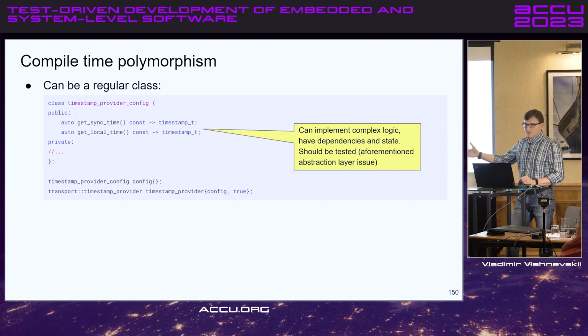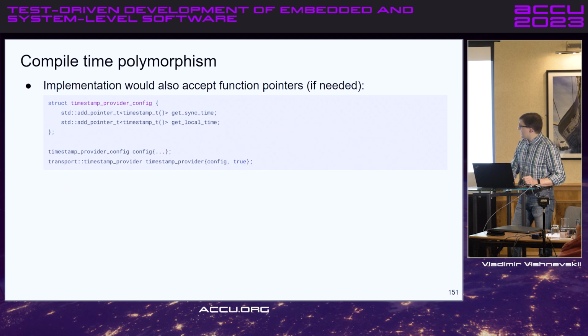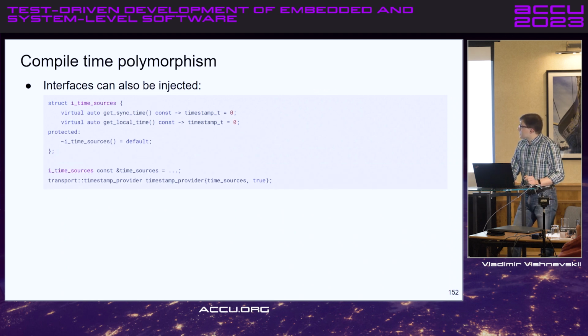We need to use decomposition and test it as well, having smaller, clear pieces. This implementation will still be working, by the way, with pointers. If we would like to, we can inject them because it's compatible. We can even inject our interface by reference.